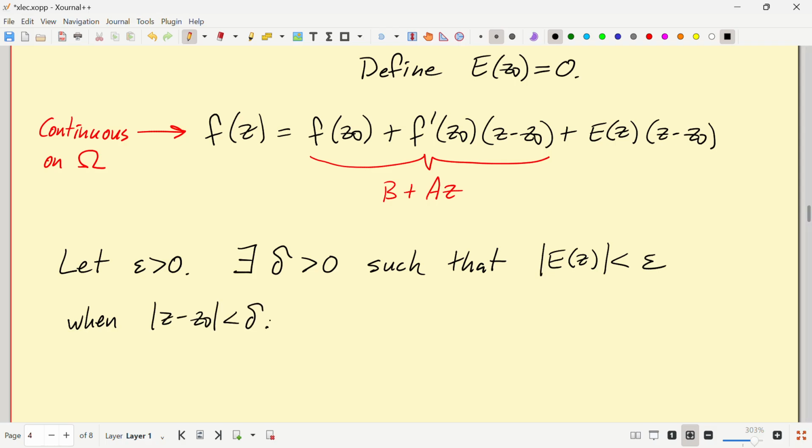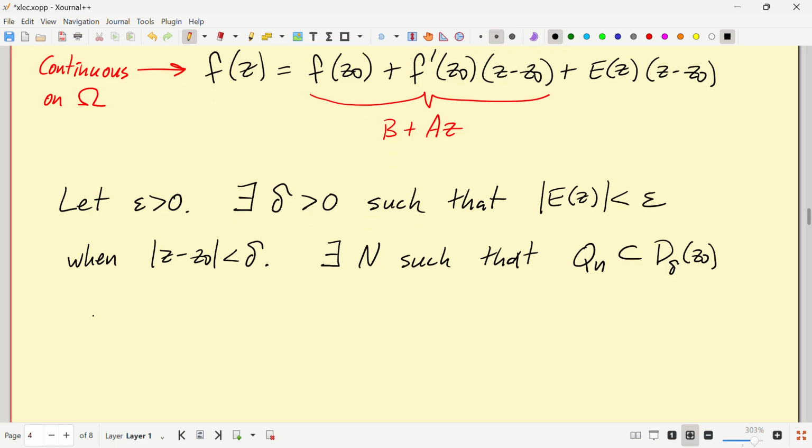Delta is the distance I want to squeeze the triangles in. And since our triangles are squishing down to z naught, there exists an N such that the nth triangle is contained in the disk of radius delta about z naught when n is bigger than capital N. Okay, so my function is going to be small there, and my triangles are squished into that disk, which makes it small.